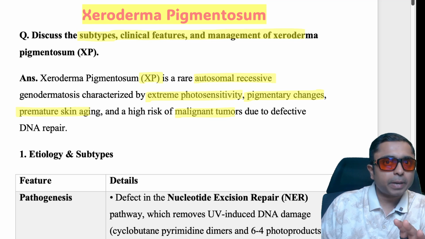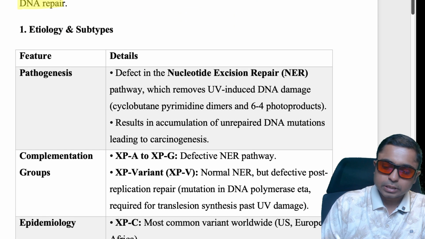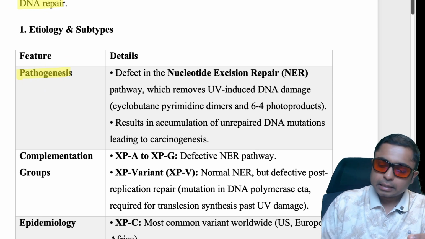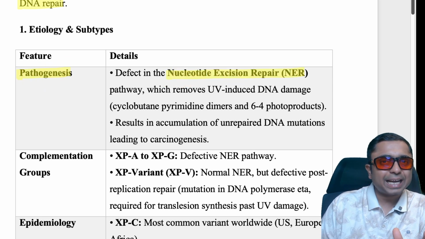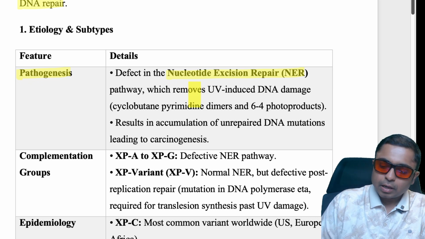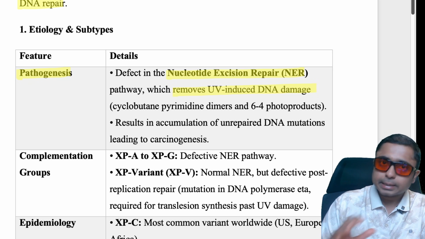And what exactly is the problem with the DNA repair is, if you see the pathogenesis, you will understand that there is a defect in the NER pathway, which is called as Nucleotide Excision Repair pathway. So this pathway usually removes the UV-induced damaged DNA parts in the skin.